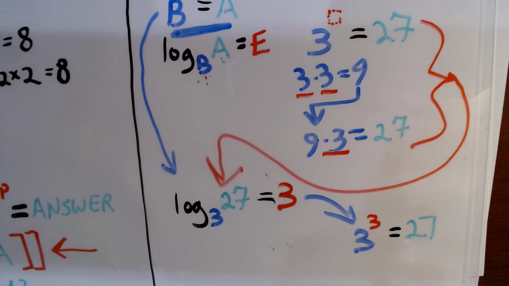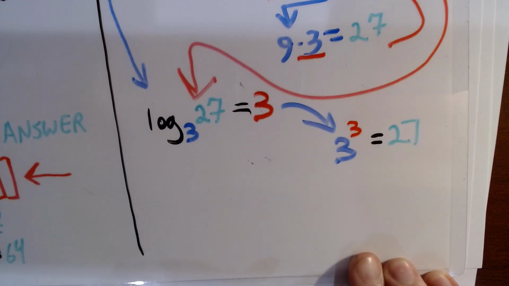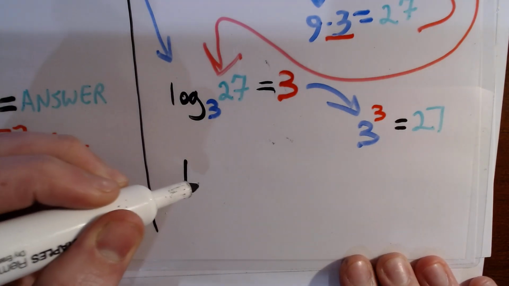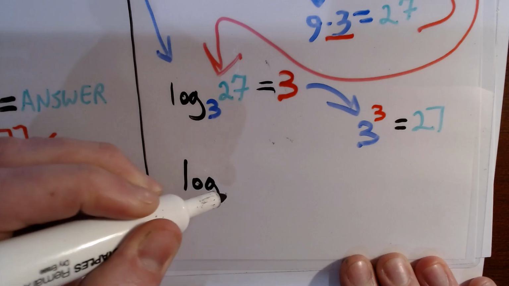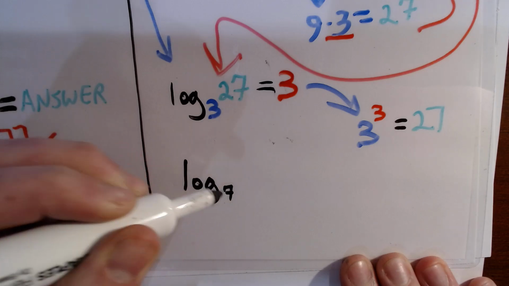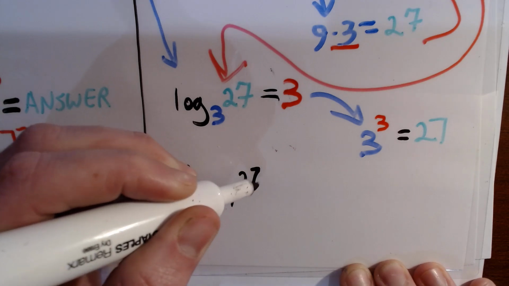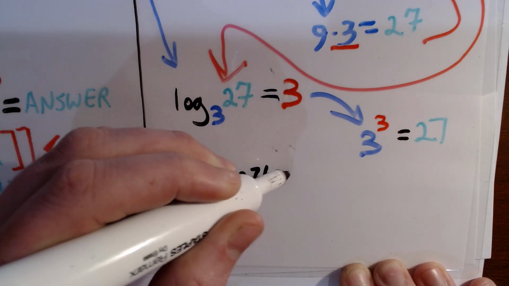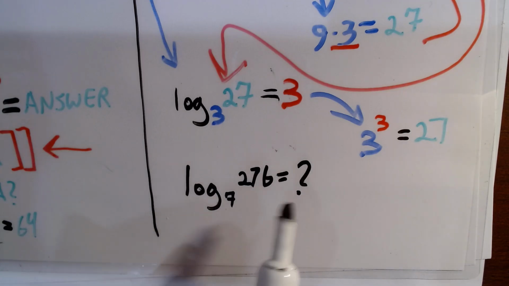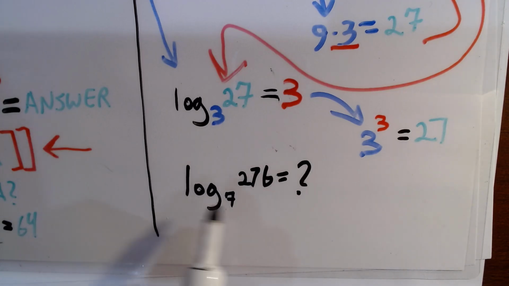However, someday, not too far in the distant future, somebody's going to hand you a log that might look like this. And you go, whoa. I don't know about you, but I can't do that by memory. Because that's not in my times tables that I learned in grade school.